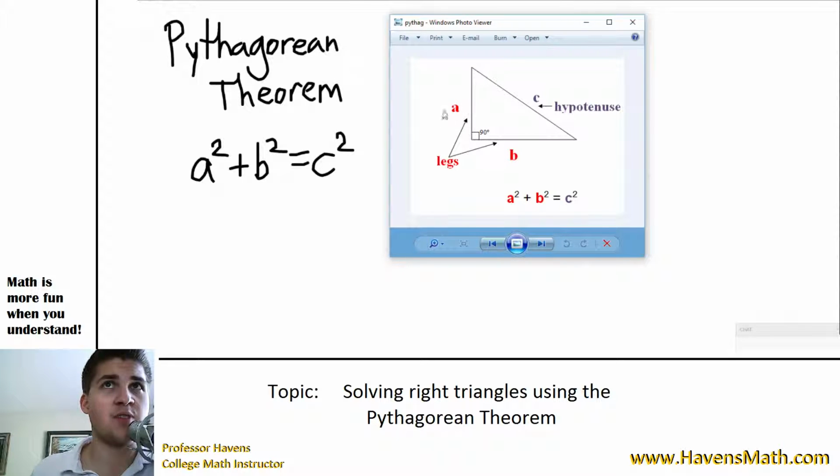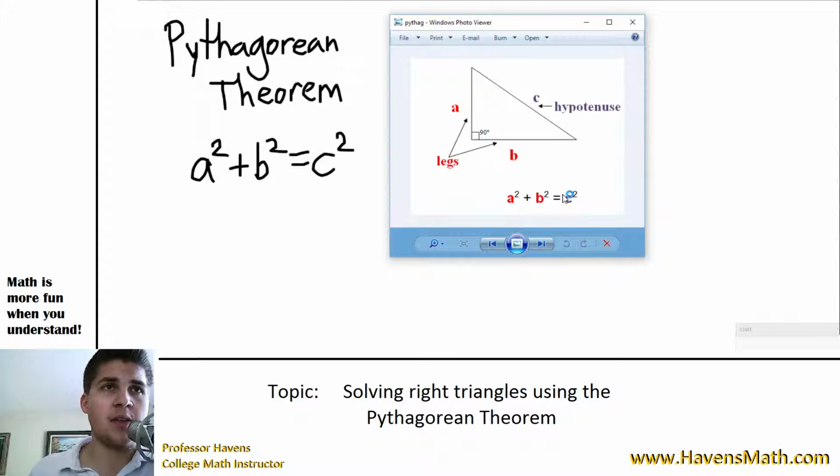You would take this 5, square it, so 5 times 5, and you'd add it to this one squared, 6 times 6, whatever it is, and that would give you a squared plus b squared. And that sum of these two sides squared has to be equal to whatever this third side, called the hypotenuse, is squared. So any right triangle has to satisfy this principle.